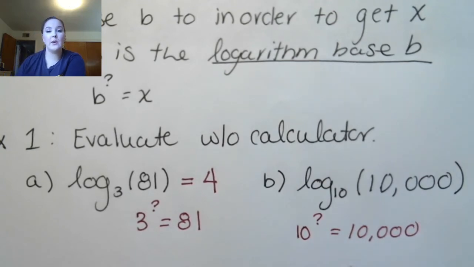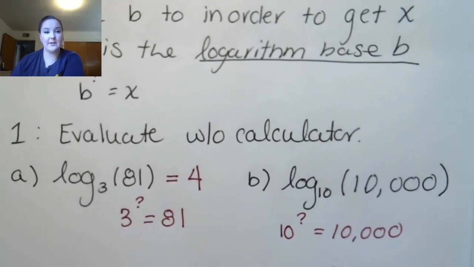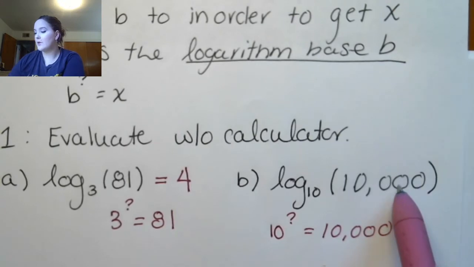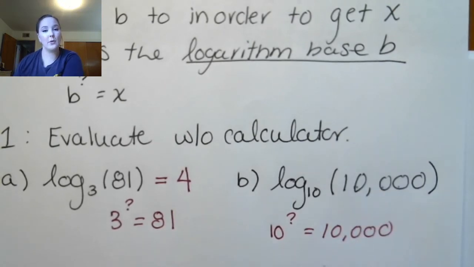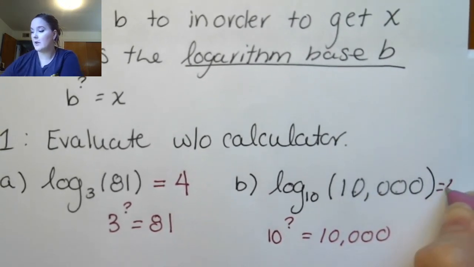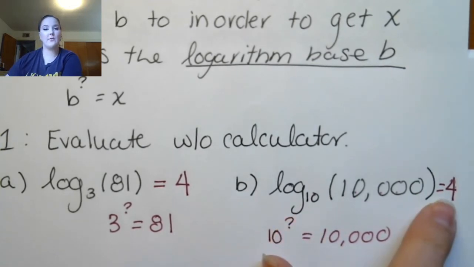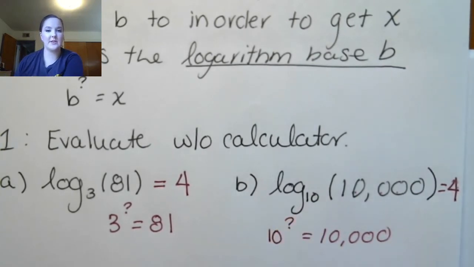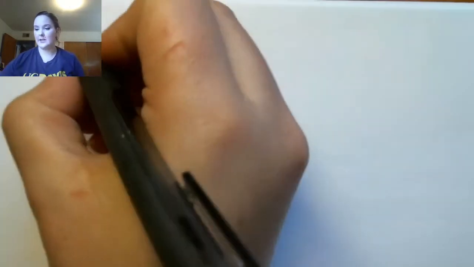We know that powers of 10 add a 0, so we're going to have 1, 2, 3, 4, the fourth power. So 10 to the fourth power equals 10,000. Okay, so now that we've seen the basics of this definition, let's go ahead and do some more complicated examples.